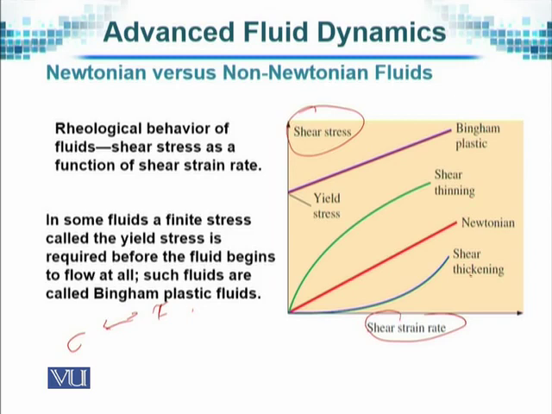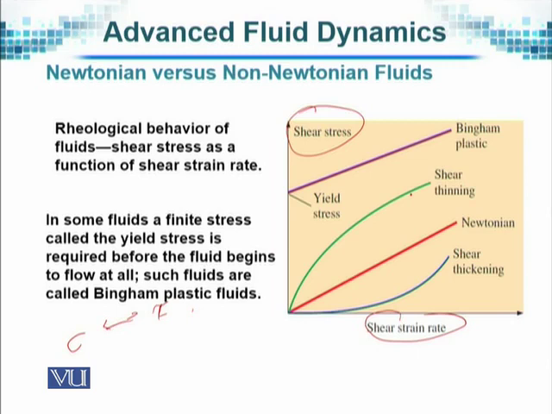But you can see that shear thickening and shear thinning fluids are not linearly dependent on each other. In fact, they behave differently, as you can see. Therefore, nonlinear terms will appear in that kind of motion.